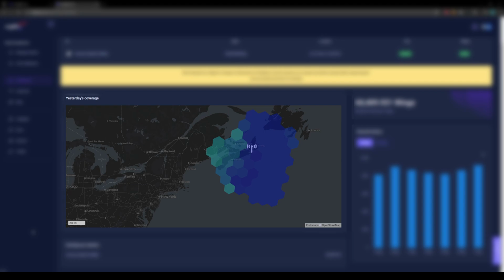Now, I wanted to discuss this participant's setup. It's somewhat unique. As you can tell by looking at it, it's not going to be possible for a lot of people. And over time, this will probably change as more participants join the network.